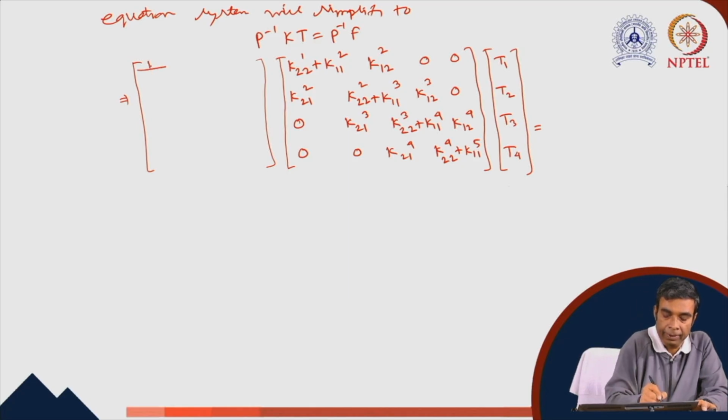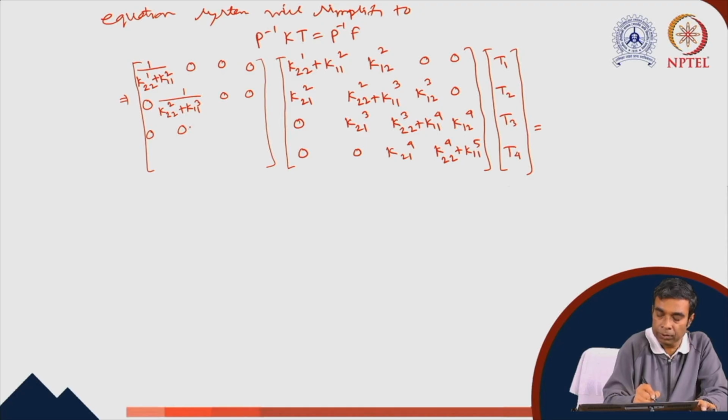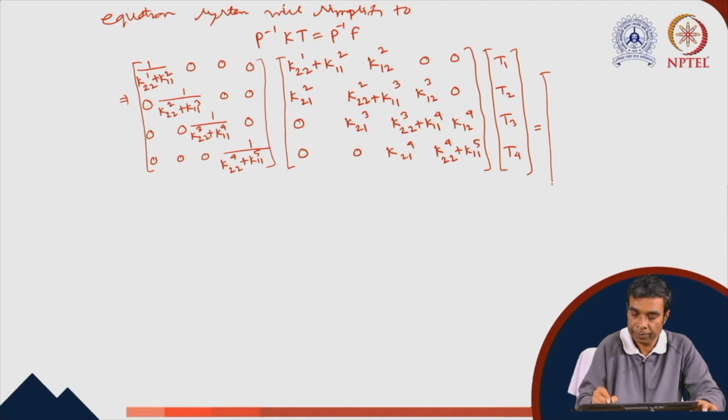So we can write it as 1 by K^2_21 plus K^1_12, 0, 0, 0.